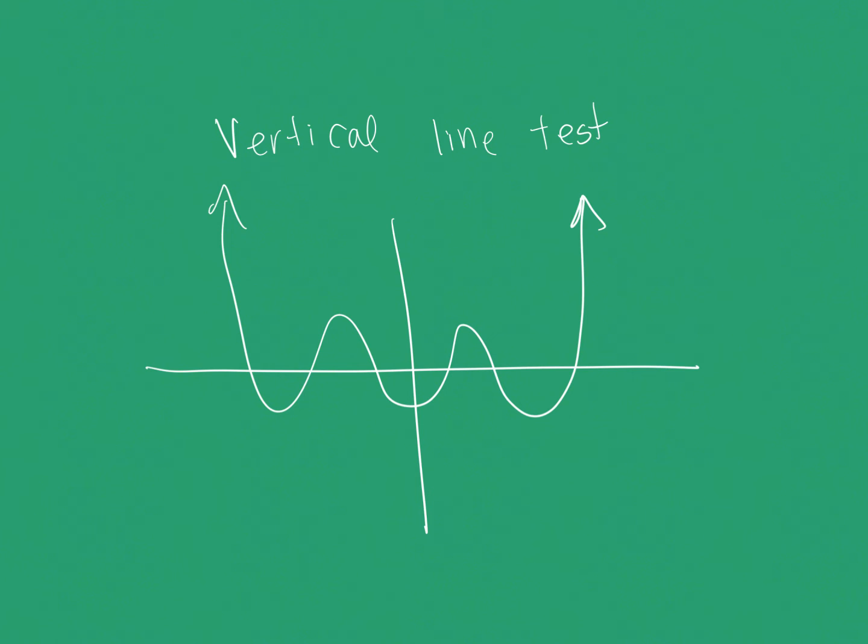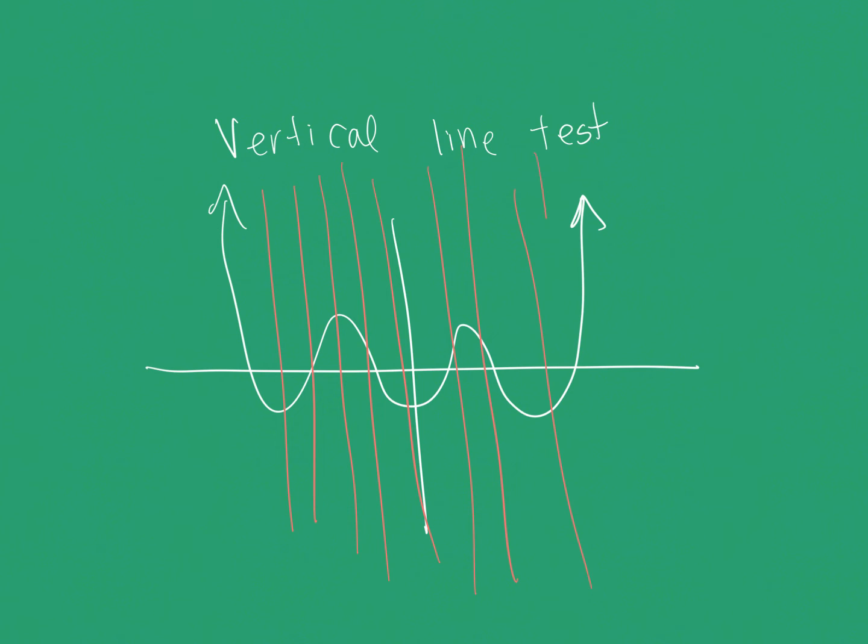Well, I ask myself, can I draw a single vertical line that is going to touch this function in more than one spot? And the answer is no. No matter what vertical lines I do, I always get exactly one answer. So this would pass the vertical line test.